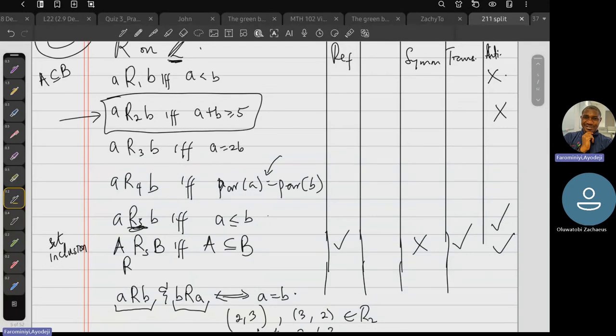Let me bring another relation: the relation of perpendicular lines. Line 1 is related to line 2 if and only if line 1 is perpendicular to line 2.